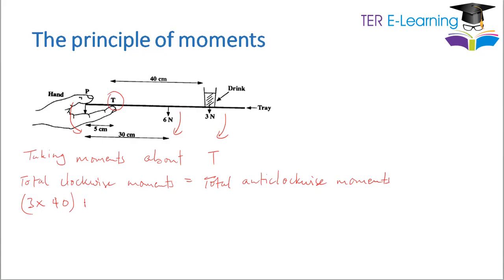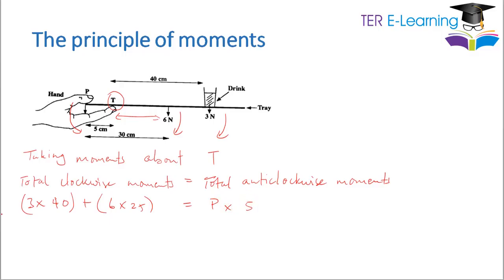Plus we have the 6 Newton multiplied by this distance here, which is 30 minus 5, which is 25 centimeters. And my anti-clockwise moment, we have one of them, which is the force P multiplied by that distance from the fulcrum, which is 5.